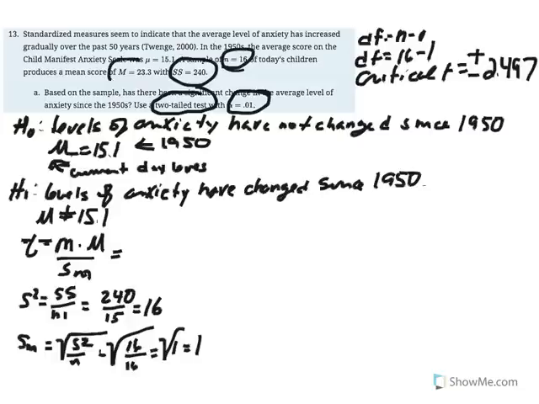Our sample mean is equal to 23.3 minus the population mean of 15.1 over 1. Now we can calculate that t-statistic. Looks like it's going to be quite large, so 23.3 minus 15.1 divided by 1, and wow, we get a very large t-statistic.